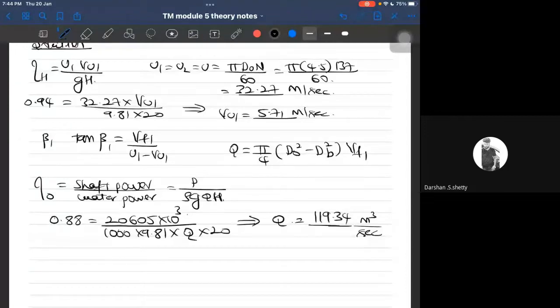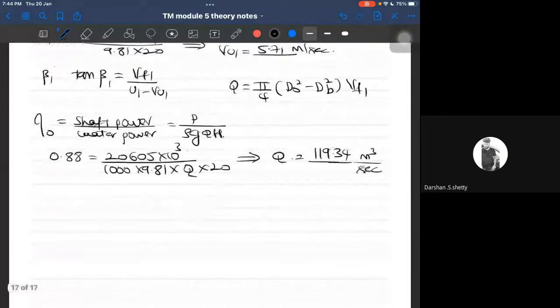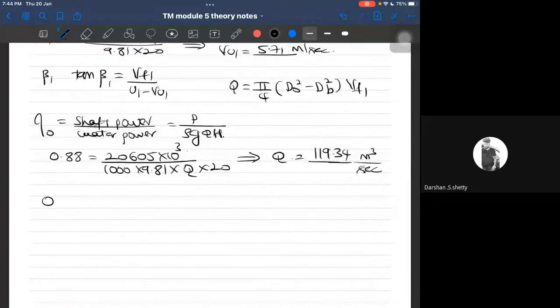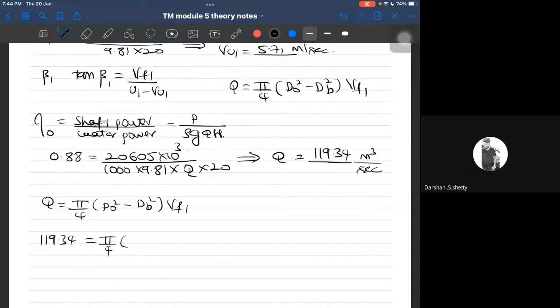Good. So once I have got the value of Q, I can calculate the value of Vf1. Take Q is equal to pi by 4 into d naught square minus dB square into Vf1. So Q is 119.34, that is equal to pi by 4 into d naught, which is 4.5 square minus 2 square into Vf1.